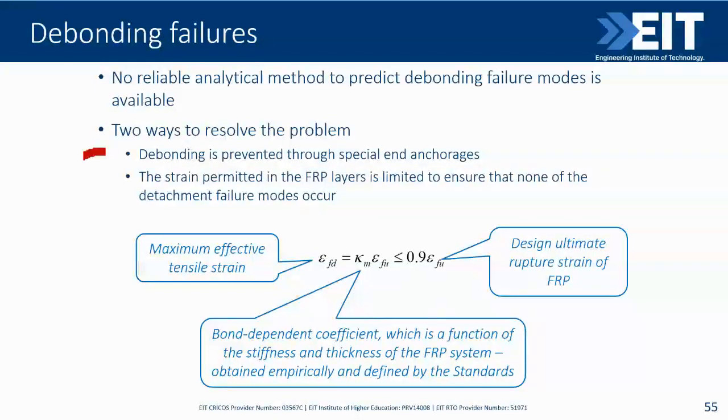The debonding can be prevented through some special end anchorages. We will use special anchors to prevent the debonding, or simply speaking, some kind of high strength bolts there. I've seen these designs. And the other way is in design, to limit the strain in the FRP layers. And the standard actually provides some expressions to calculate it.